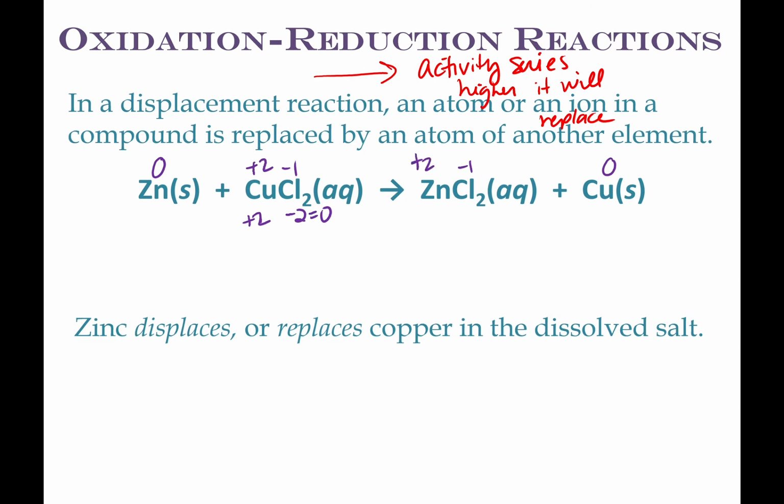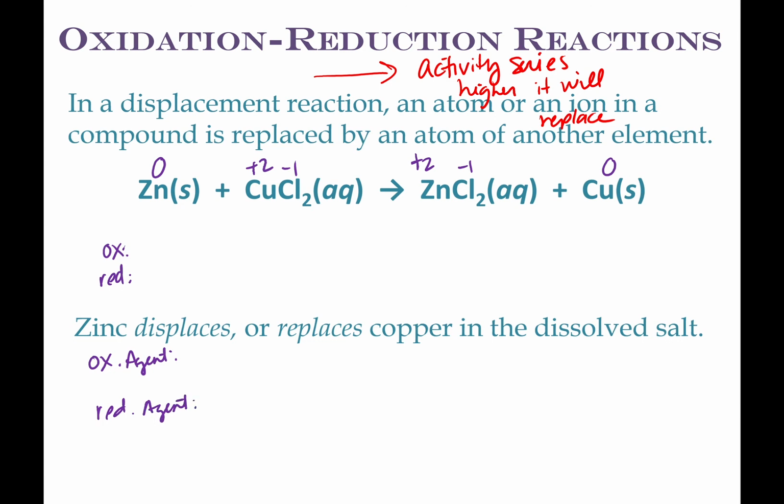Again, you could know that zinc is always +2, or you can figure it out because this is -2. We want it to equal 0. So once you get your oxidation numbers written in there, we can figure out what is oxidized, what is reduced, what is the oxidizing agent, and what is the reducing agent.